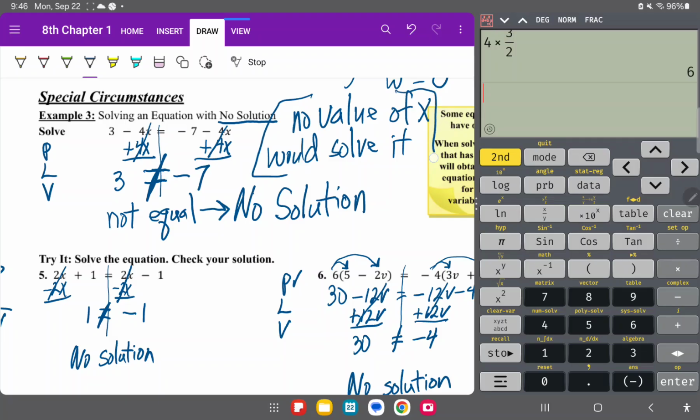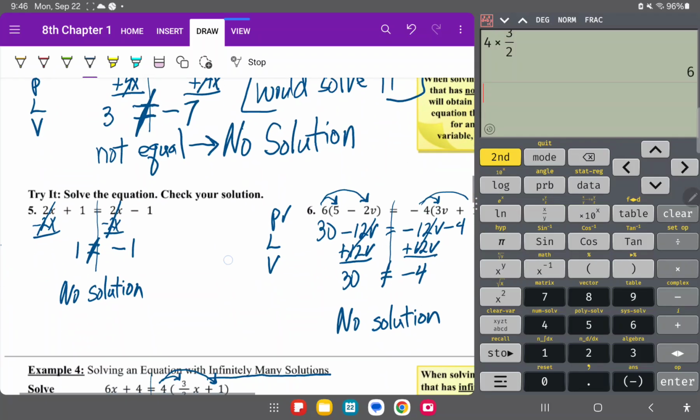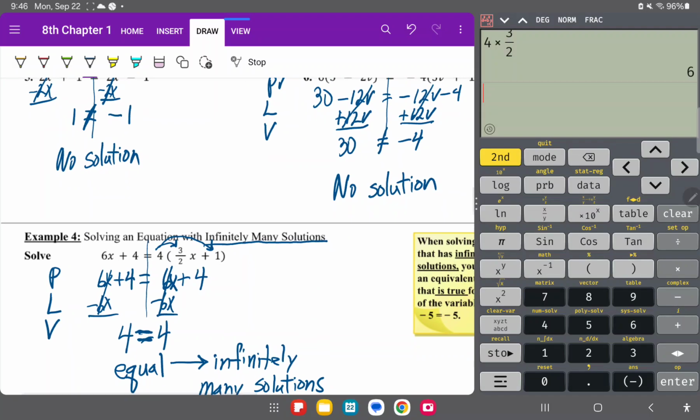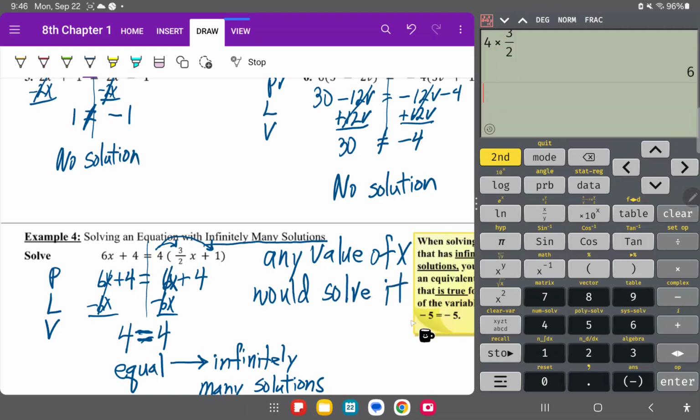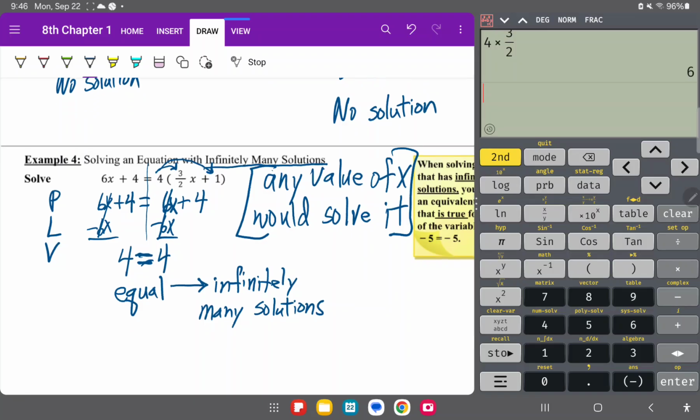You can't find a value of x that would work here. But for this one, any value of x would solve it. It all depends on whether it is not equal or whether it is equal.